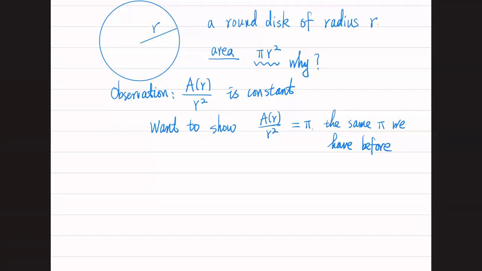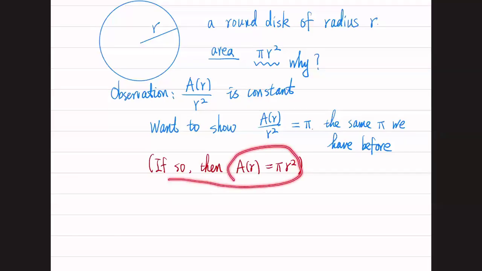Okay, let's take this for granted at the moment. If so, then we have a formula to compute the area of a round disk of radius r. It's pi r squared. Very useful formula. The only issue is why.